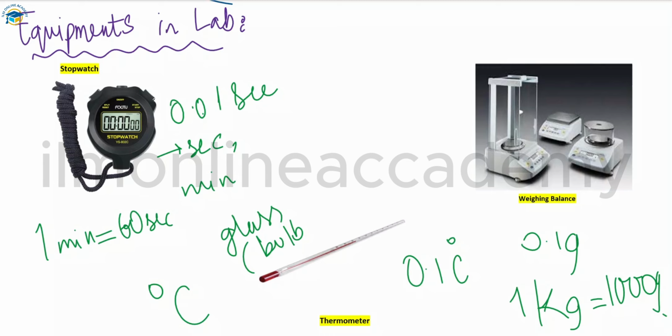So these are the equipments that are required in our laboratory for the measurement of time, temperature, and also mass. For the measurement of pH, we have pH scales, or we have some universal indicator paper, or more accurately a digital probe.